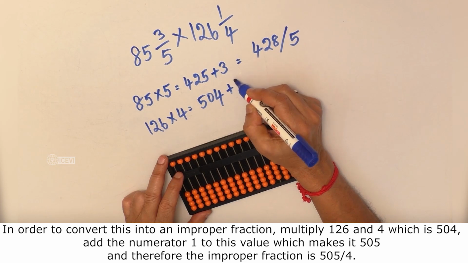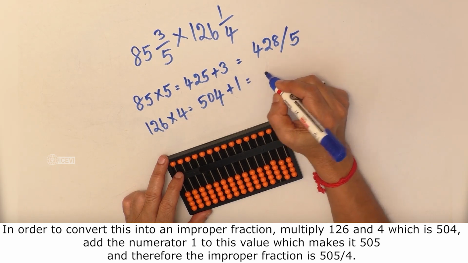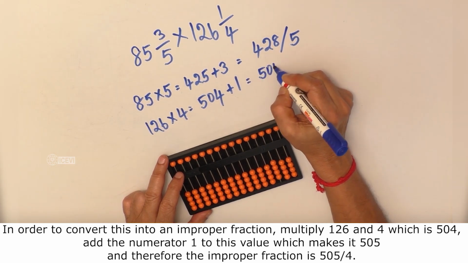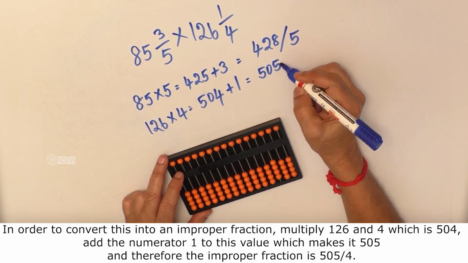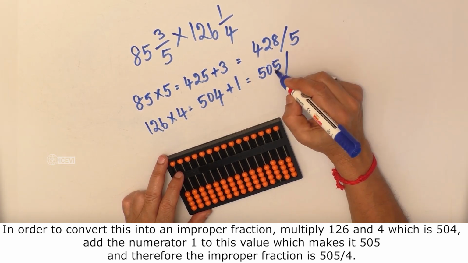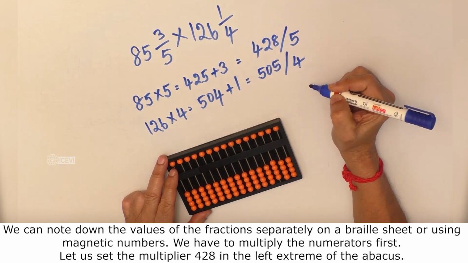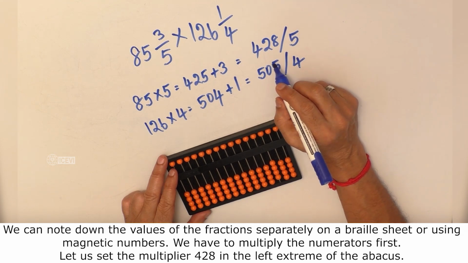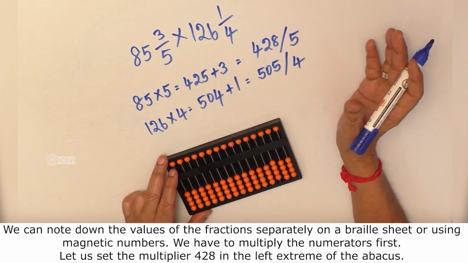Add 1, the value of the numerator, which makes it 505, and therefore the improper fraction is 505 divided by 4.